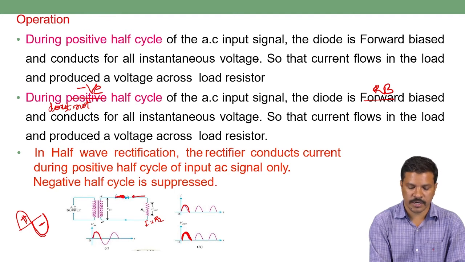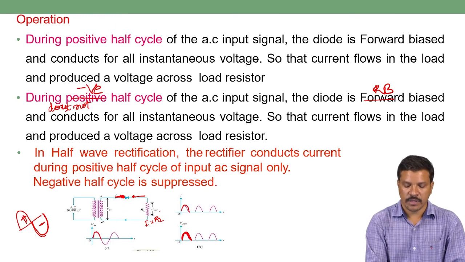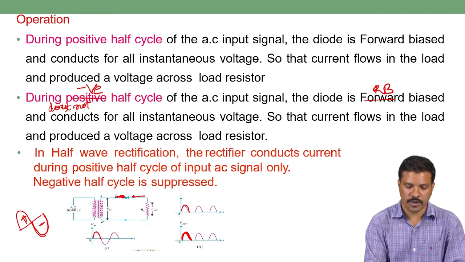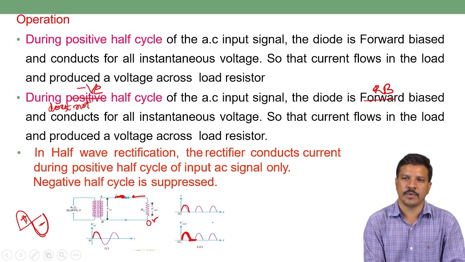When it acts as an open circuit, there is no direct connection, so zero current flows in the loop. Zero current into the load resistor gives zero volts, so the output voltage is equal to 0 volts. During the negative half cycle, the rectified output shows 0 volts.